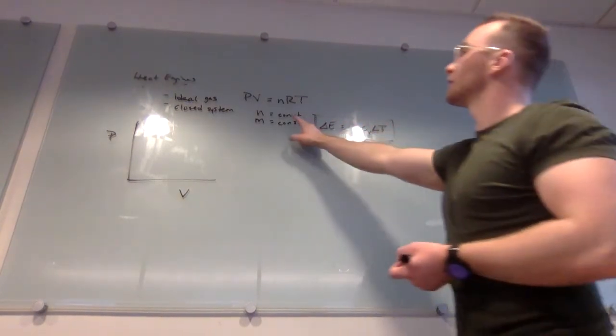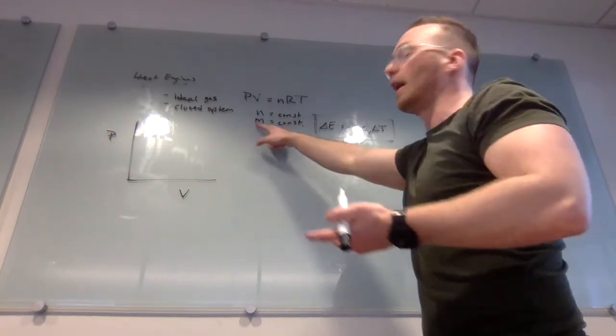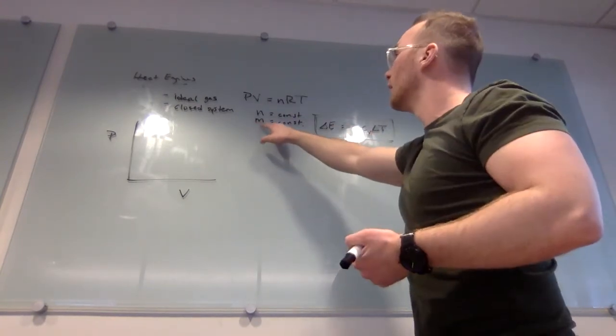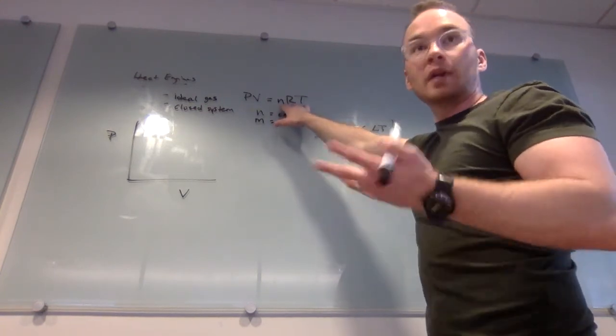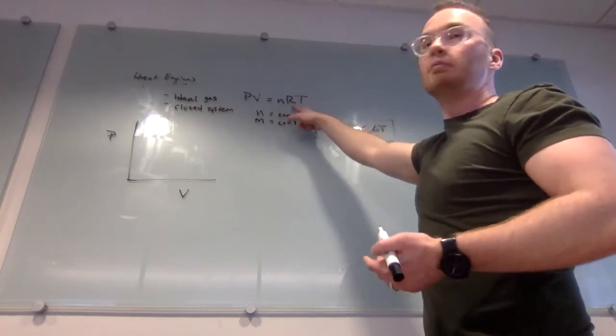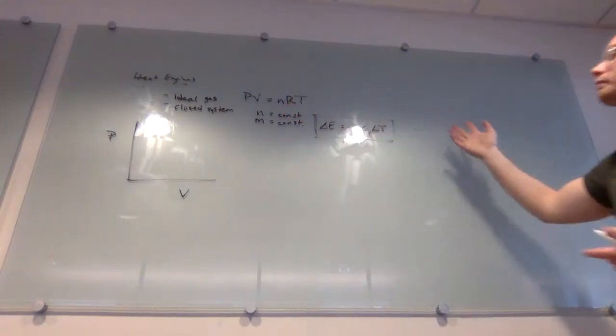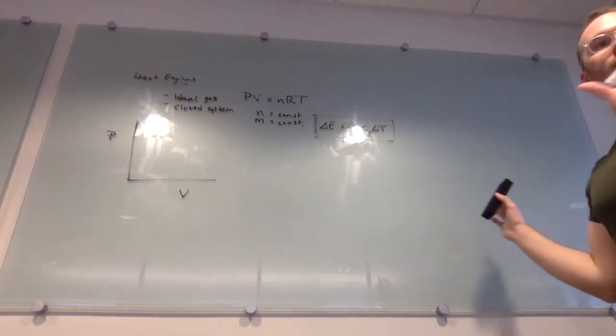The amount of gas is n, and the mass of that amount is a function of that, and those are both constant, and therefore nR is going to be a constant number. You could also put capital N k if you want, obviously it's the same thing, and then m is going to be constant. So those are the assumptions we're making when we do heat engines, okay?